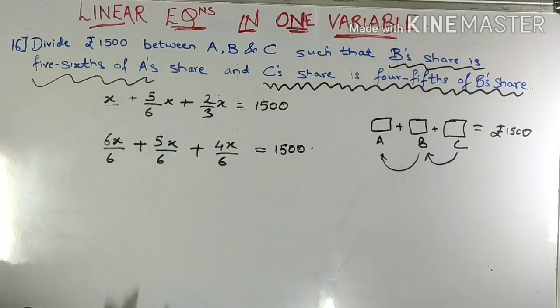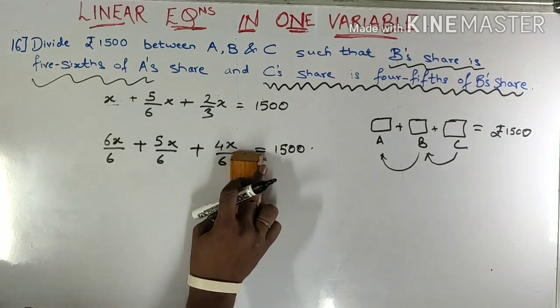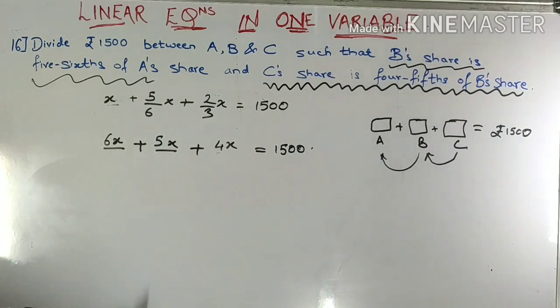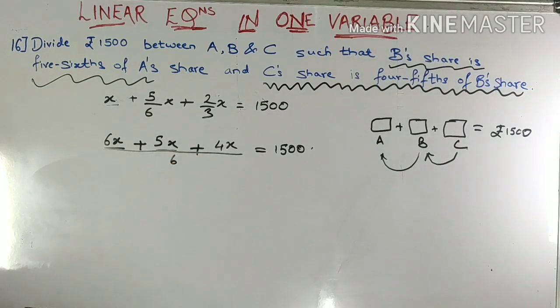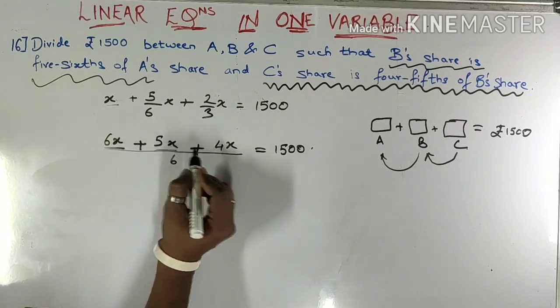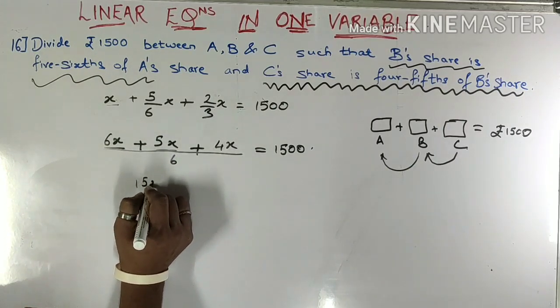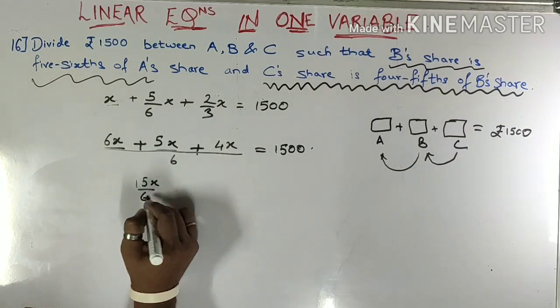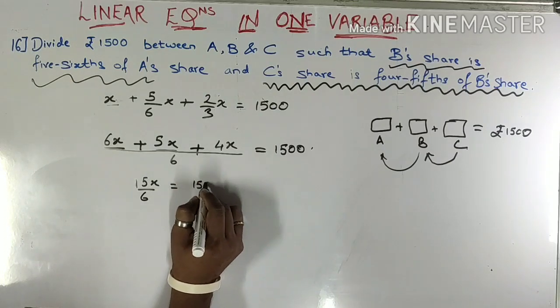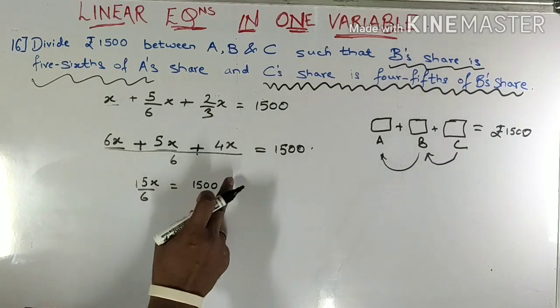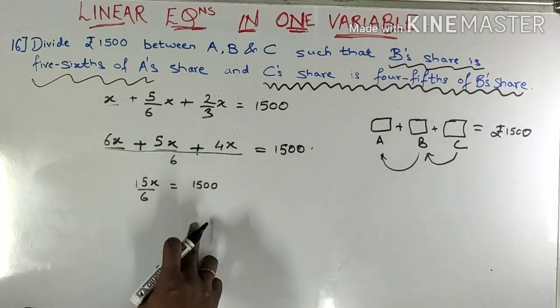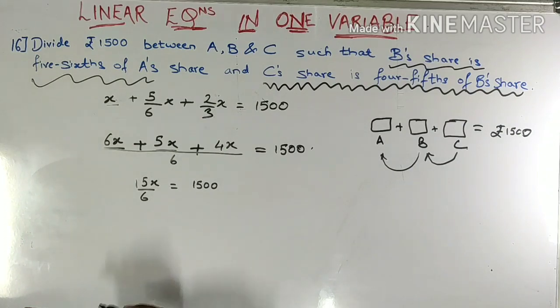Since the denominators are same, I can take them as a common denominator. So 6 plus 5 plus 4, that is 15x upon 6 is equal to 1500. But as we know, this 6 can go on the other side and get multiplied to it. Why?